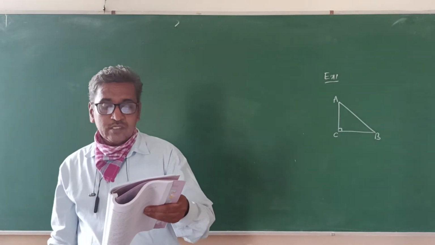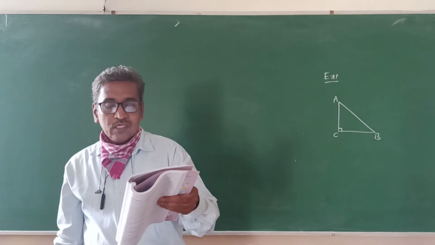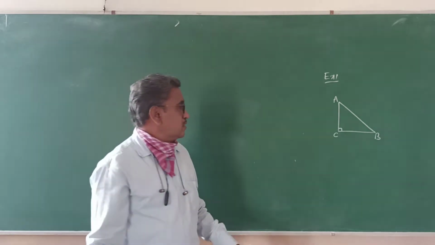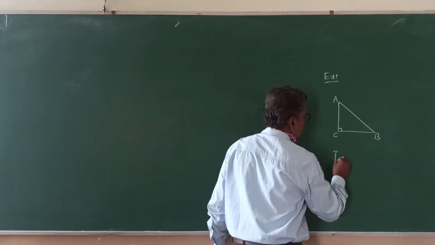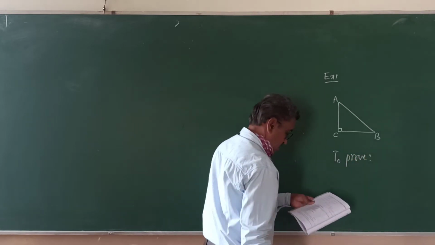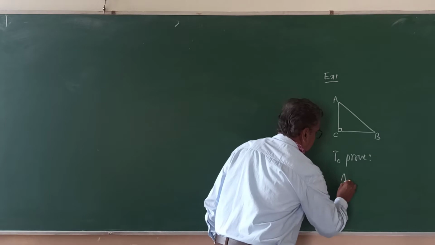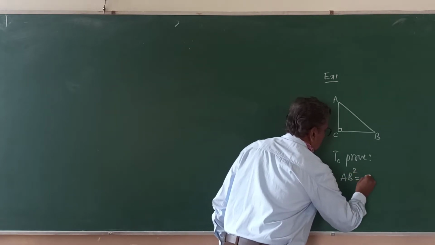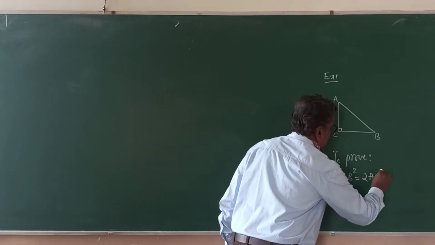ABC is an isosceles triangle which is right angled at C. Then to prove AB square is equal to 2 times of AC square.